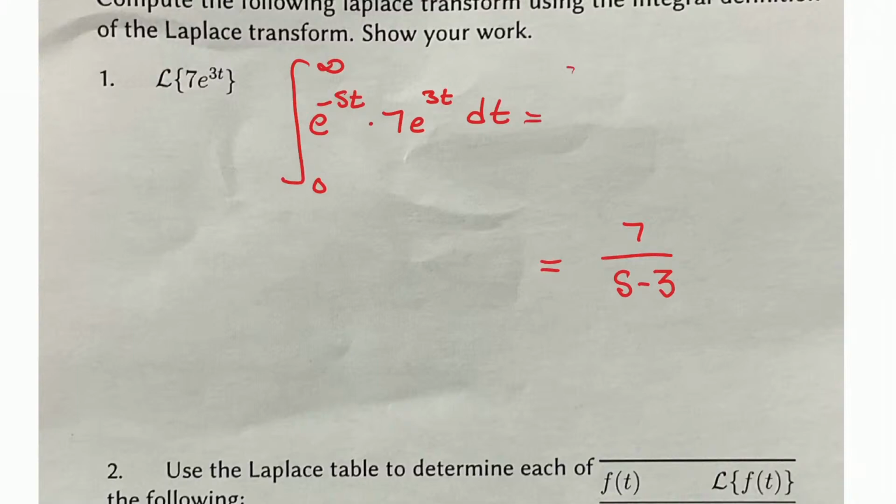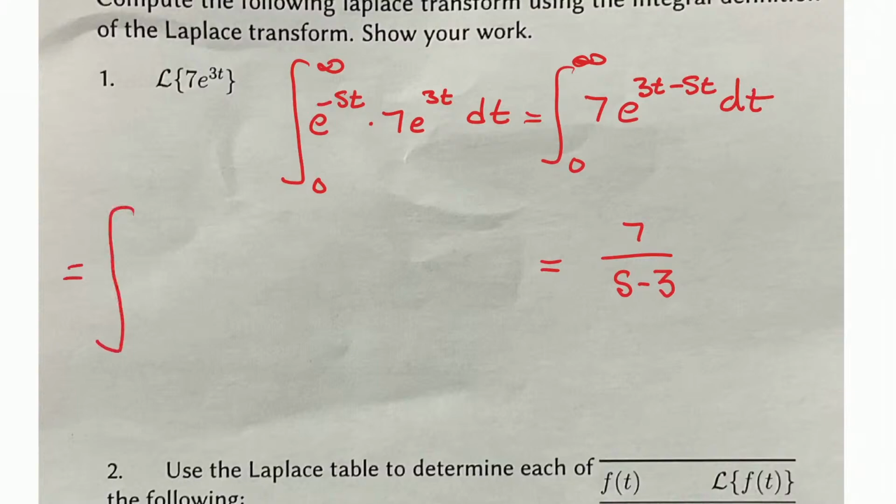Okay, so the something that I might do is I'll say, okay, I can do a little bit of algebra. It can't be that hard, can it? So this is going to be 7 times e to the 3t minus st. And then we could just do a little bit more algebra. It's not that hard, is it? So this will be the integral from 0 to infinity of 7 e to the (3 minus s) times t dt.